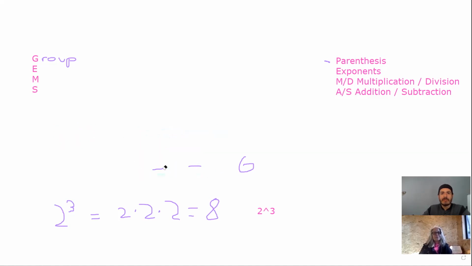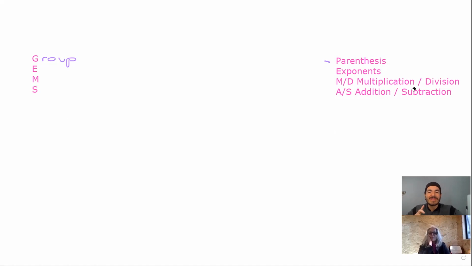I'm going to erase all that real quick. All right. Next, we have multiplication and division. We talked about that at length, and addition and subtraction. And so let's just talk about why GEMS doesn't use division. It doesn't use division because multiplication and division are the same step in the order of operations.